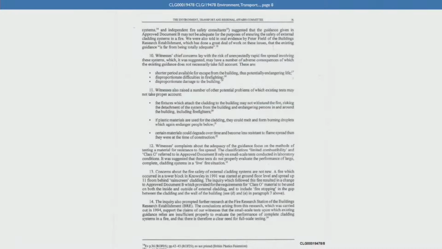Now, let's look at page 8, please. Let's look at page 8, paragraphs 14 to 16 together. At the foot of the page, it says, the inquiry also prompted further research at the Fire Research Station of the Building Research Establishment, BRE. The conclusions arising from this research, which was carried out in 1994, support the claims of our witnesses that the small-scale tests upon which the existing guidance relies are insufficient properly to evaluate the performance of complete cladding systems in a fire, and that there is therefore a clear need for full-scale testing.